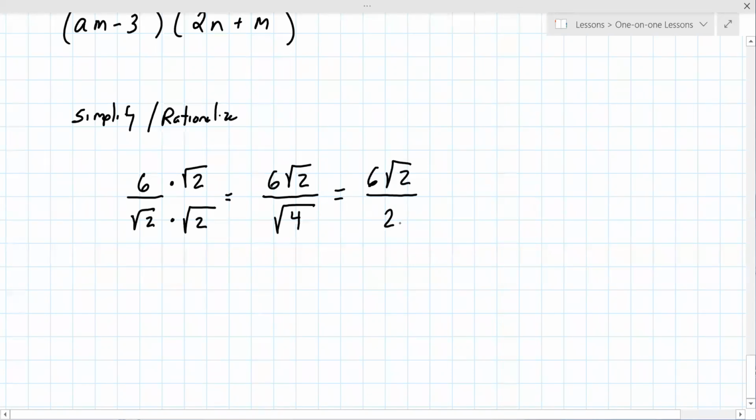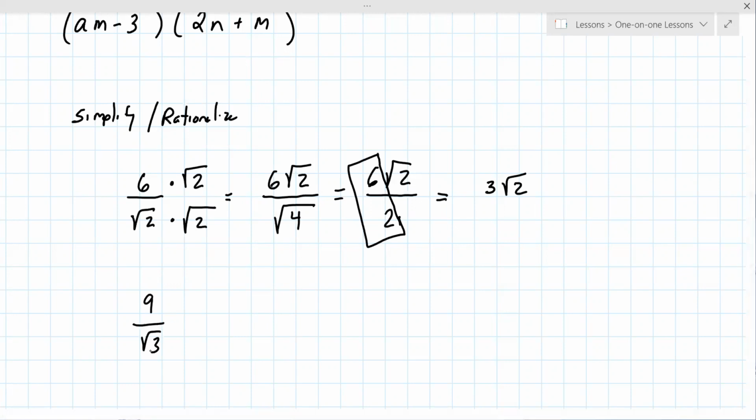Okay. Now this 2 can divide the 6, but not the root 2. It's hanging on the outside. Don't worry, we're going to do another example here. This becomes 3 square root 2. Okay. So let's try another one. 9 over square root 3. This is exactly the same as the top one, same set of steps, same reduction here at the end.